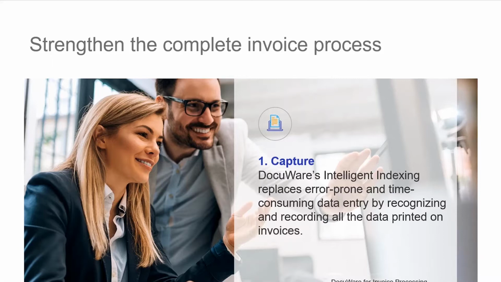Our intelligent indexing is able to grab the company name and company data, the invoice total, the tax, the freight, and bring that over so it can be put into your filing cabinet or a workflow in order to process your invoice. That's the first tool you're going to need when it comes to processing your invoices: a nice capture tool that's able to get the pertinent information off the document to move forward.